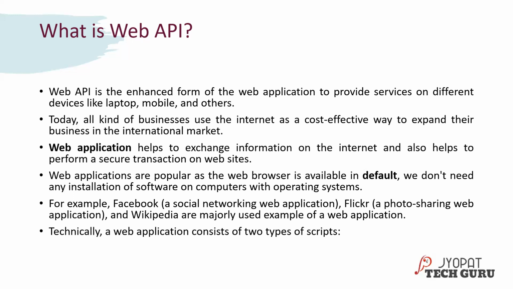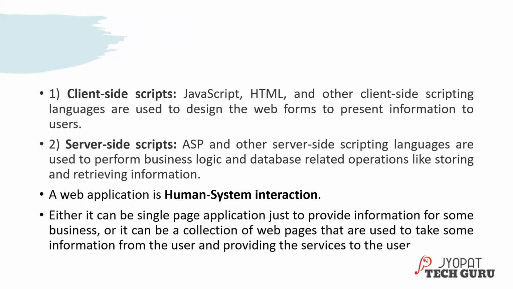Suppose you are using Facebook or Flickr and Wikipedia. These are all very well known, popular websites. You can see that there are so many pages embedded inside each and every website. Technically, a web application consists of two types of scripts, client side scripts as well as server side scripts.